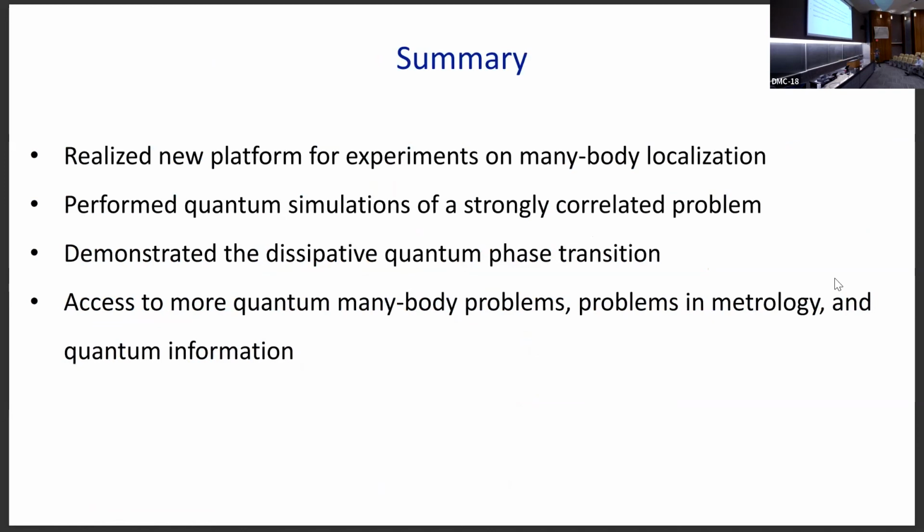So let me now conclude by summarizing. We have this platform of many Josephson junctions forming a transmission line and various qubits, which can be used to solve multiple problems. I demonstrated to you a new approach to experiments with many body localization.